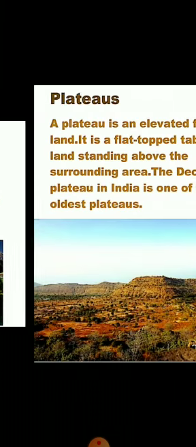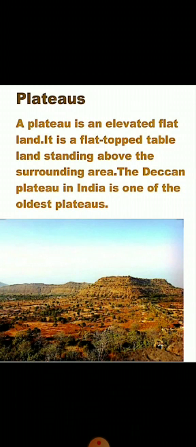Clear? Now we'll talk about the second feature of landforms, that is plateaus. What are plateaus? A plateau is a highland area with a flat top, also called a tableland. It is a flat-topped tableland standing above the surrounding area.